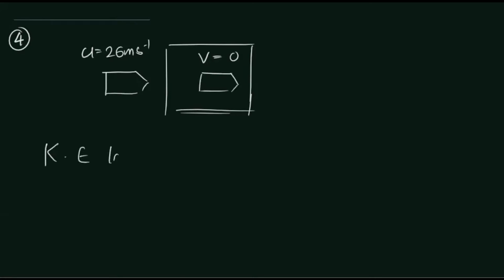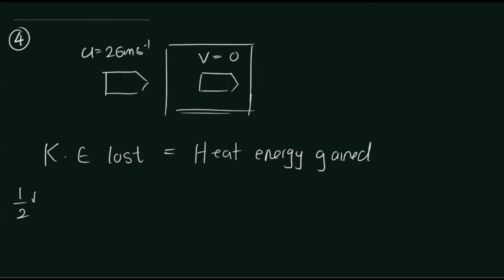So what has happened actually? Kinetic energy lost is equal to heat energy gained. What is the kinetic energy loss? Initially it had a kinetic energy of half m u squared minus half m v squared. This is the kinetic energy that was lost.